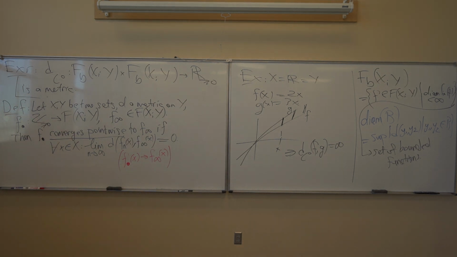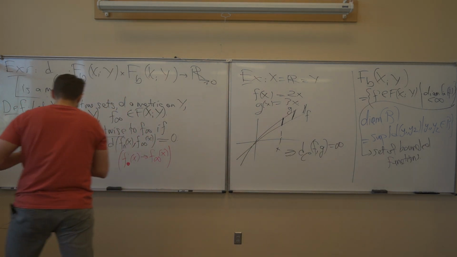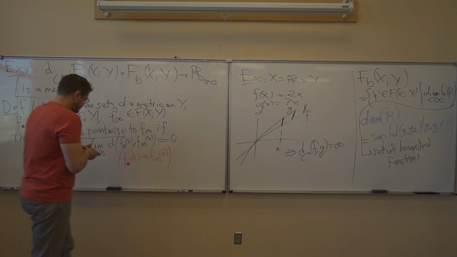I'm going to say f bullet converges to f infinity uniformly if their c0 distance goes to 0. Okay?